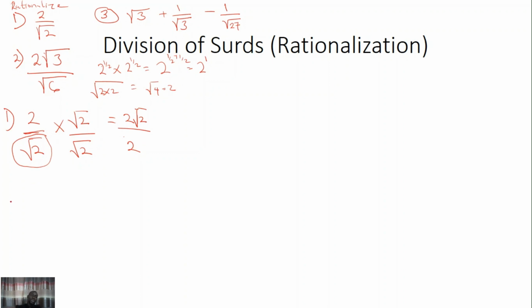Let's look at example number 2. They say we should rationalize 2 root 3 all over root 6. This is simple. What you do is multiply both the numerator and the denominator by the denominator. When you have a fraction a over b, a is the numerator and b is the denominator.